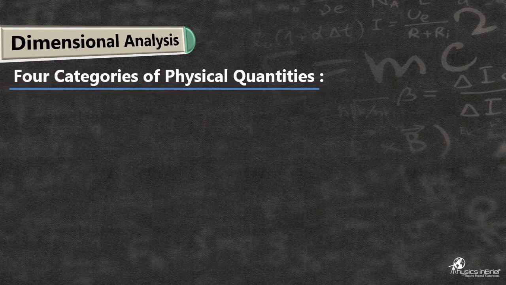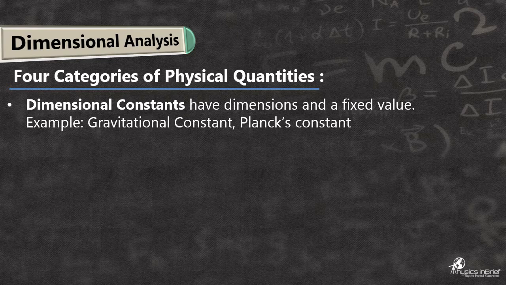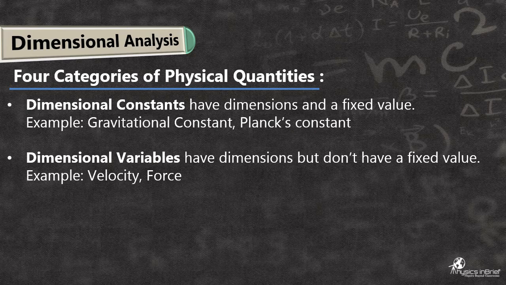There are 4 categories of physical quantities. Number 1, dimensional constants, which have dimensions and a fixed value. Example: gravitational constant, Planck's constant. Number 2, dimensional variables, which have dimensions but don't have a fixed value. Example: velocity, force.